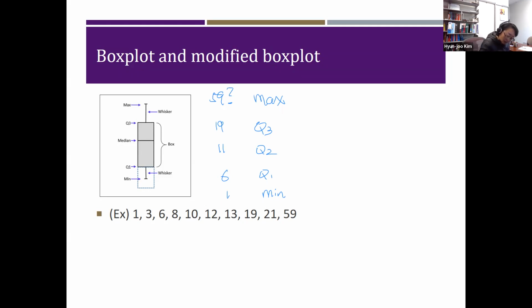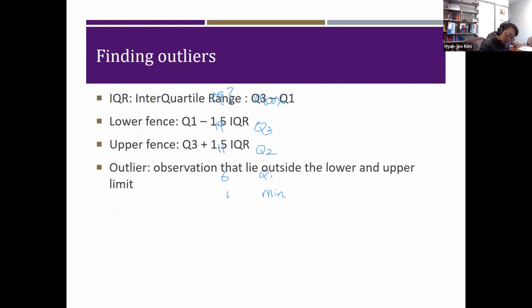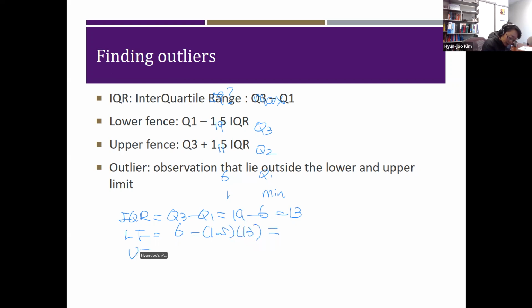Okay, so here we are. The interquartile range is Q3 minus Q1, which is 19 minus 6, which is 13. The lower fence is Q1, here 6, minus 1.5 times 13. And the upper fence is 19 plus 1.5 times the interquartile range.